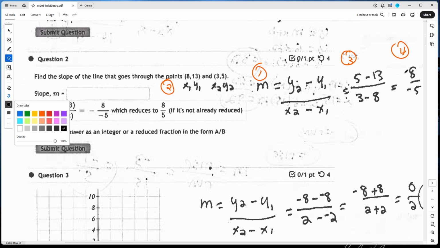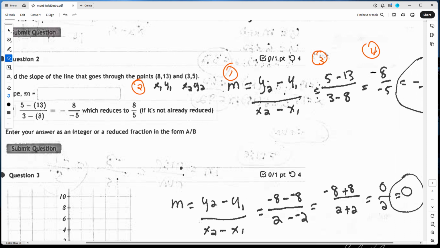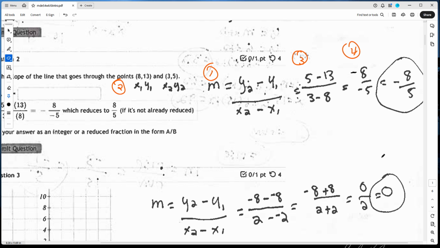Well, it's going to be a negative 8 here. And 3 minus 8 is going to be a negative 5. So we end up with a positive 8 over 5.